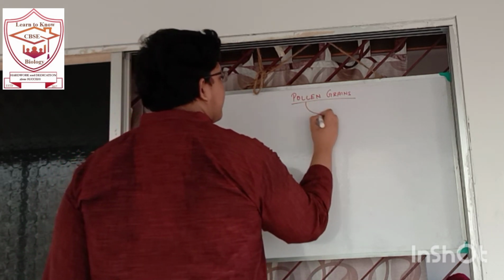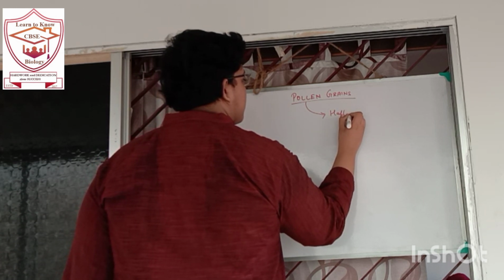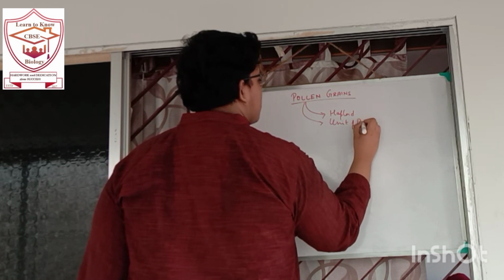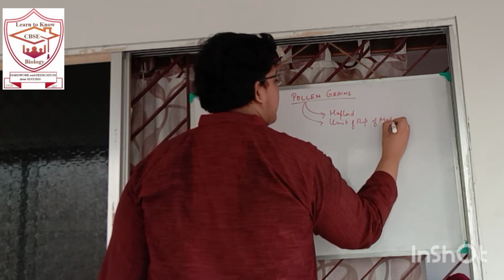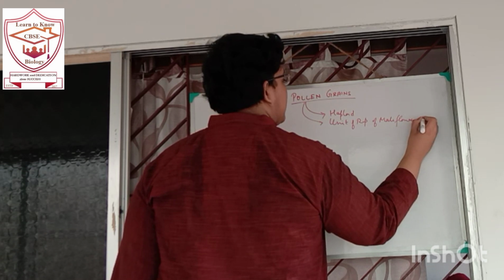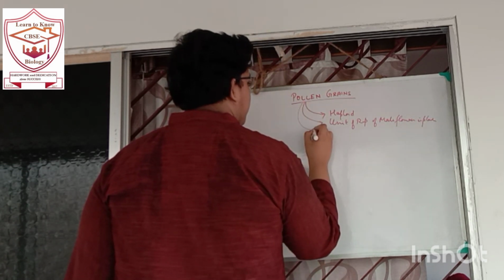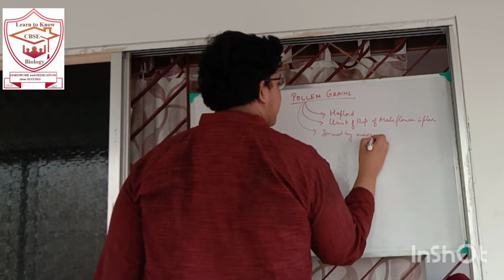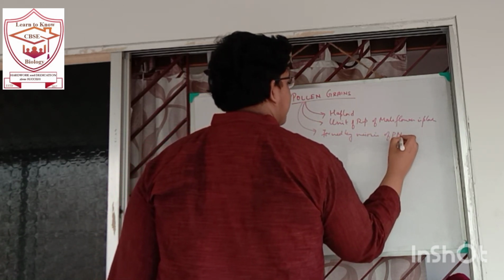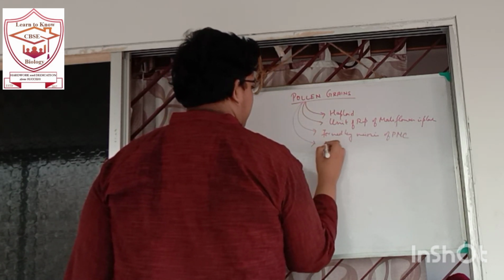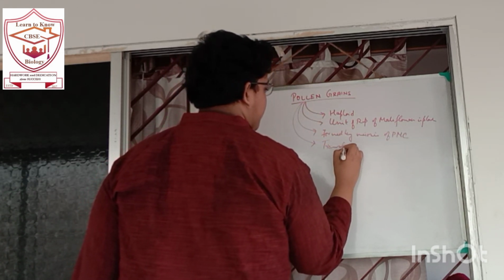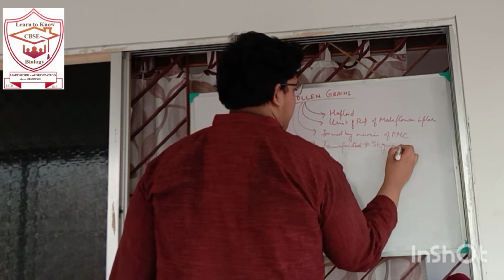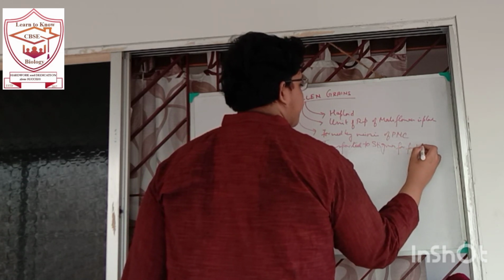Pollen grains are the haploid unit of reproduction of the male flower in plants, formed by meiosis of the pollen mother cell and transported to the stigma for fertilization.